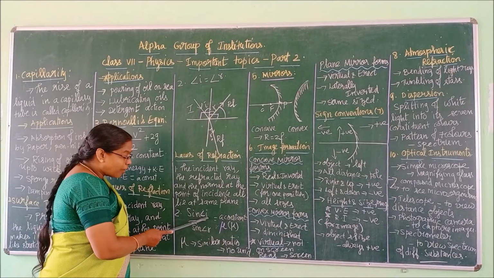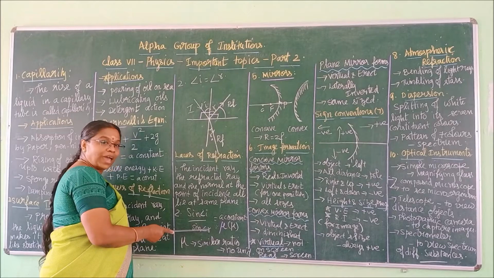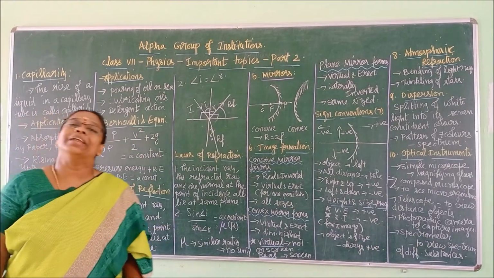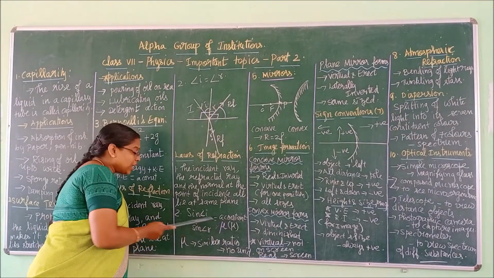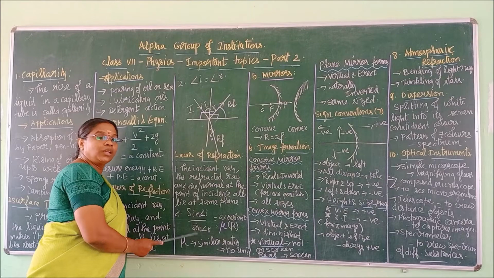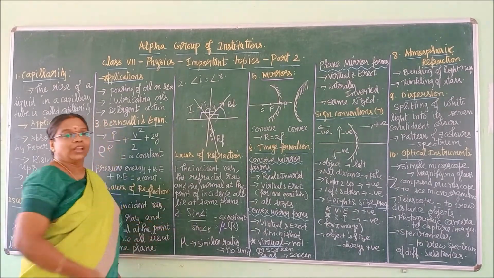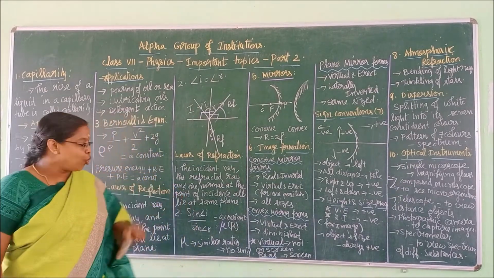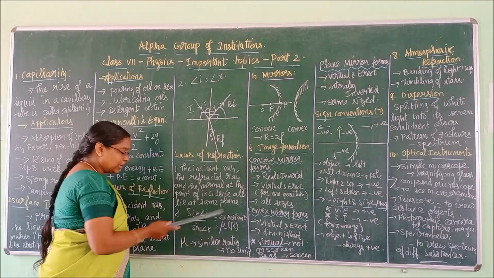The ratio of the sine of the angle of incidence to the sine of the angle of refraction is equal to the refractive index of a medium, that is called mu. Mu is a ratio of similar quantities. This will be in degrees, this will also be in degrees, and the degrees will get cancelled. So the refractive index will not have any unit.